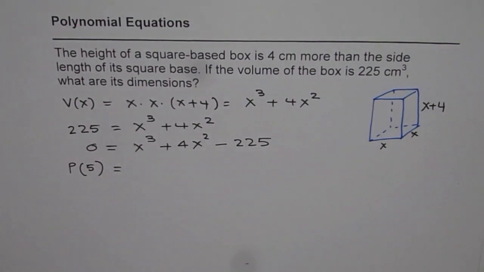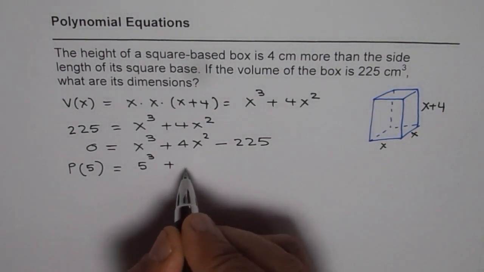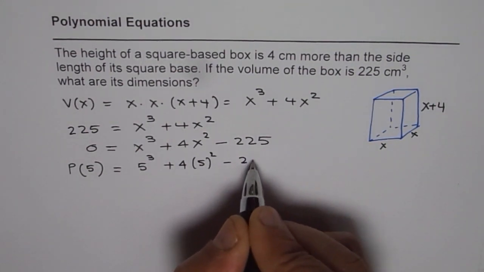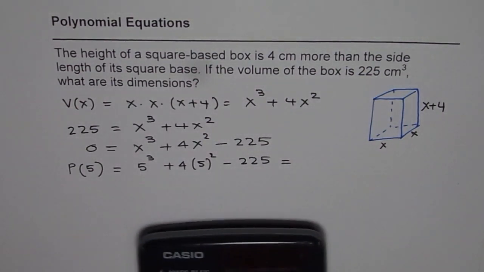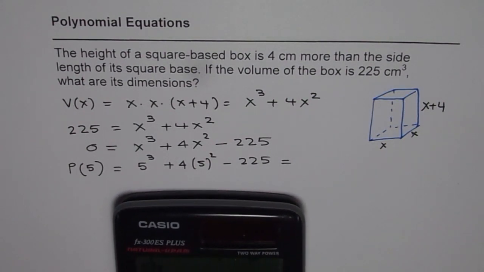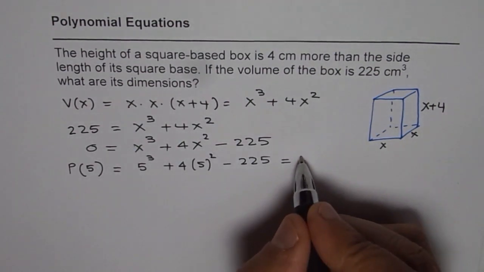So we can take a calculator and calculate 5 cube plus 4 times 5 square minus 225 is equal to what? So that gives us 0. So we get a 0.